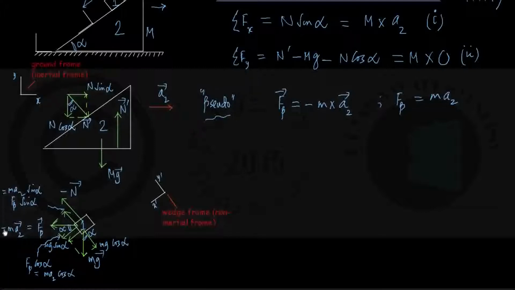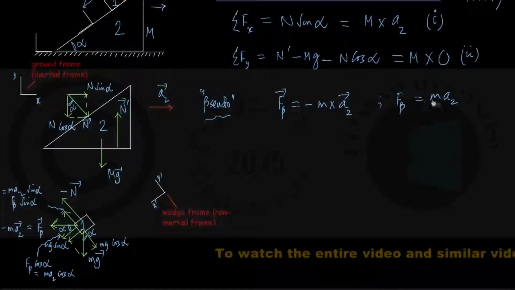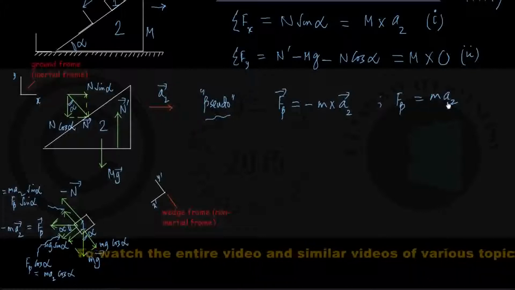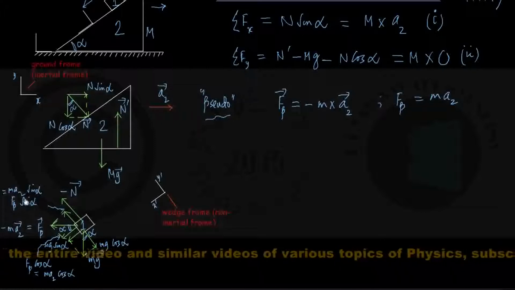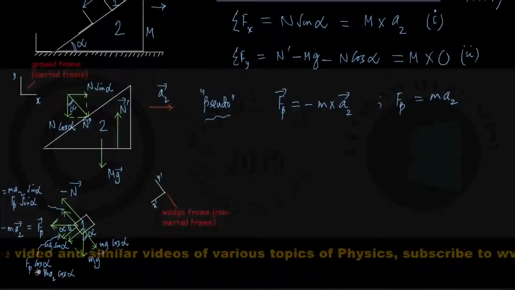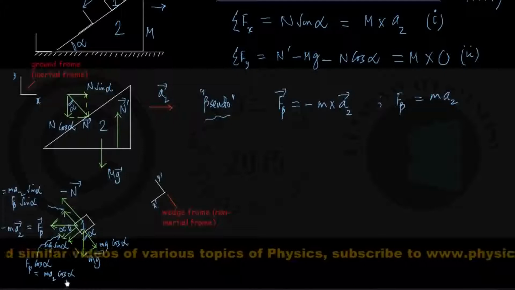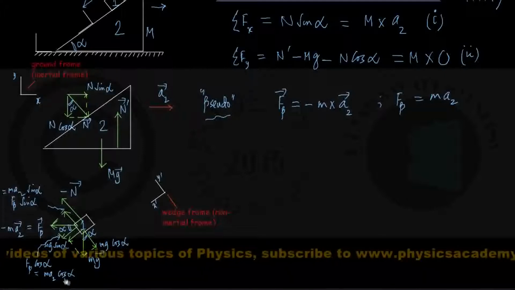They cannot digest this minus properly. This minus was there to denote that the pseudo force and the acceleration of the frame are in opposite directions, but in magnitude, it is definitely given by the mass of the block multiplied by the magnitude of acceleration of the wedge frame from which the block was observed. So Fp sin alpha is the same as m a2 sin alpha, and Fp cos alpha is the same as m a2 cos alpha.